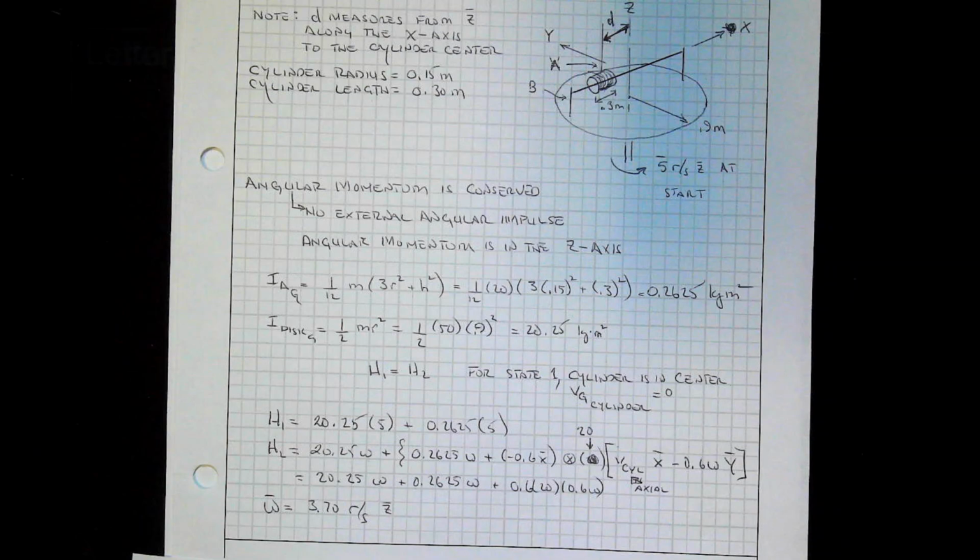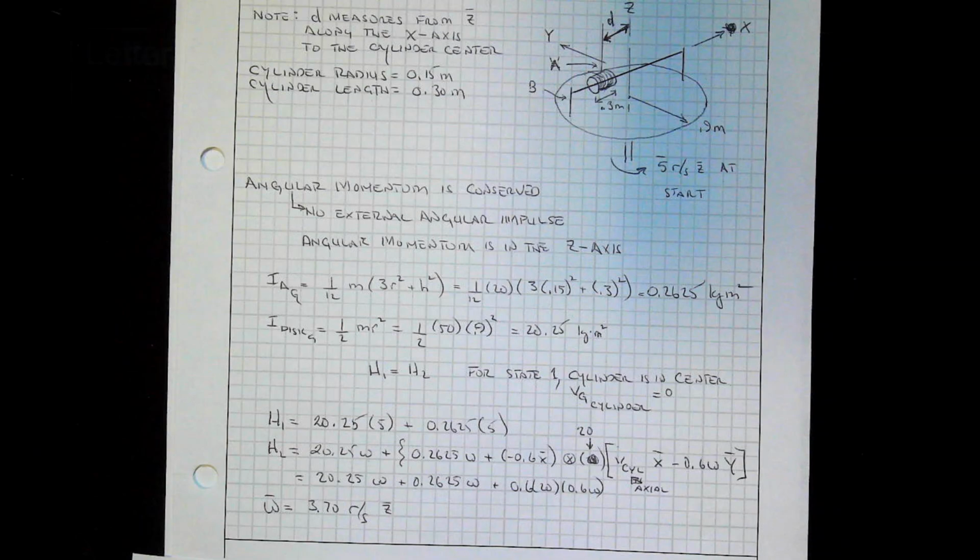What's state 2? Relative to the disk, 20.25 times omega, which we want to compute. What about the cylinder? Because this thing is rotating, it still has a rotational component, so I times omega, but it also has a translating component.